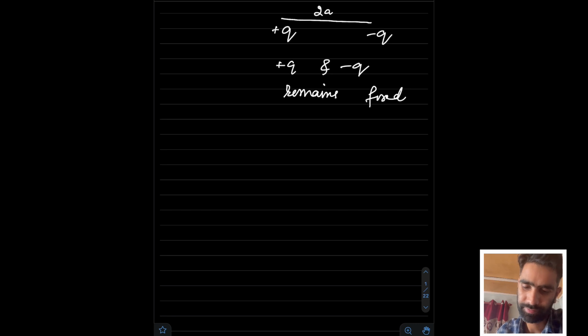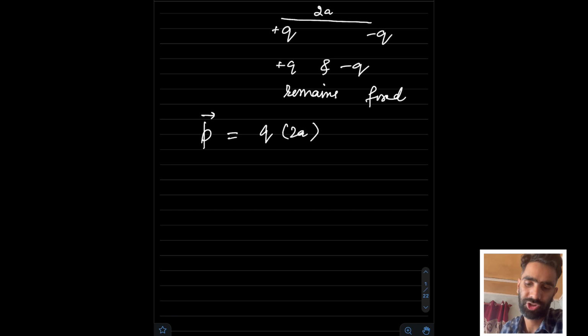So the dipole moment of this electric dipole is a vector quantity and is given by the magnitude of one of the charges, that is q, multiplied by the distance of separation, that is 2a.